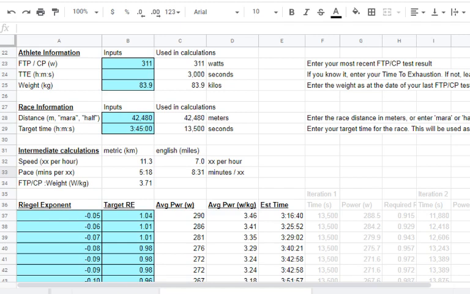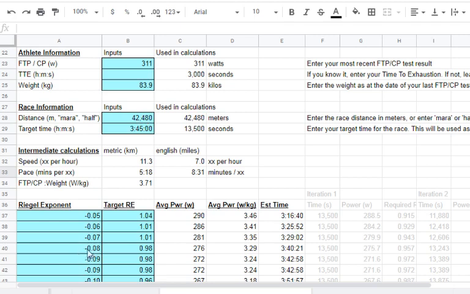To do so, what you need to start off with is you need to know what your current FTP or CP value is, your stride weight setting, the distance that you're going to be creating a hypothetical case for, the approximate time, and it would also be helpful if you knew roughly your Rigel exponent. In this case I'm going to use a marathon as an example.